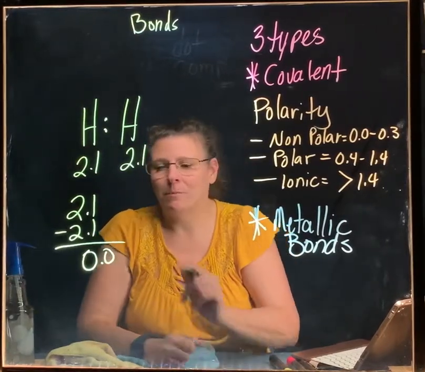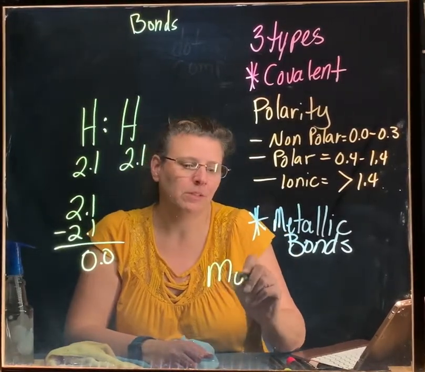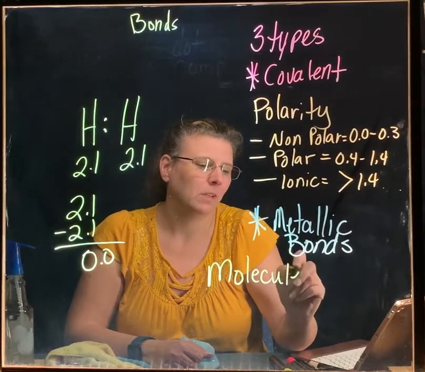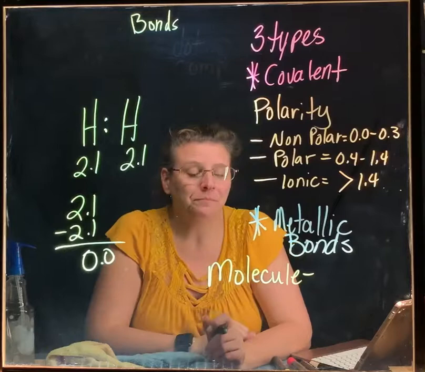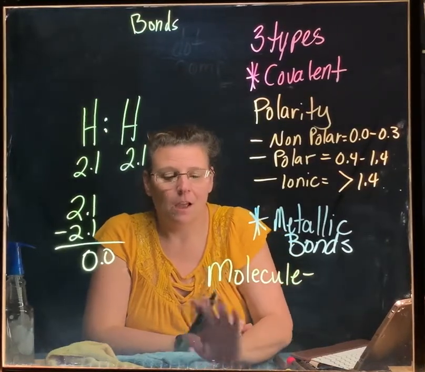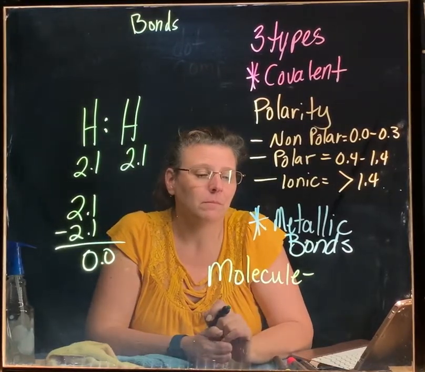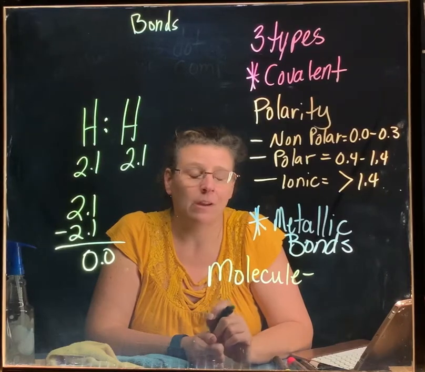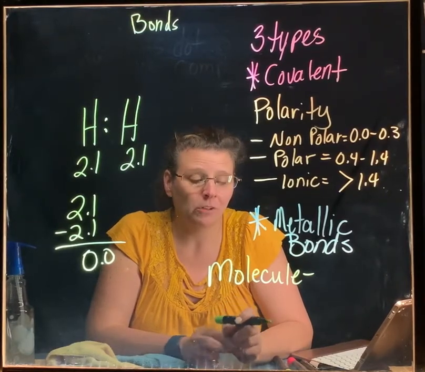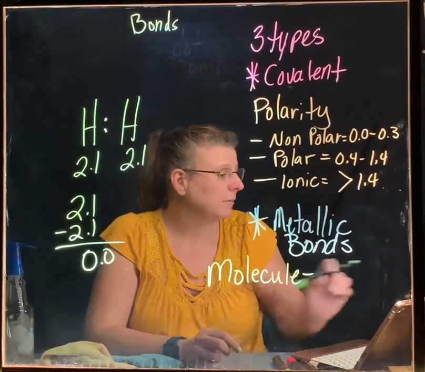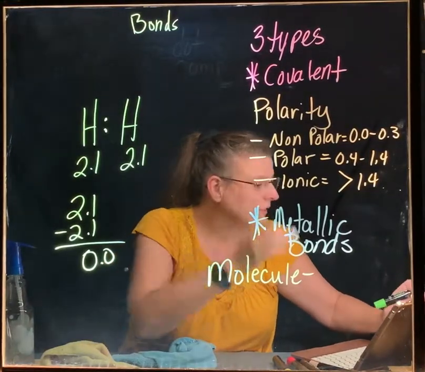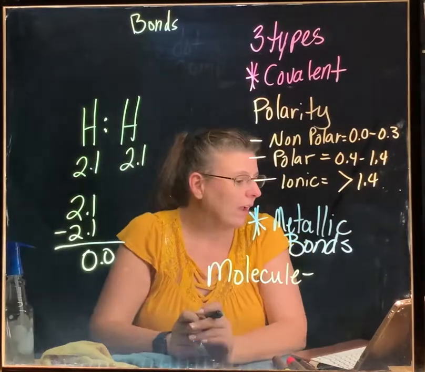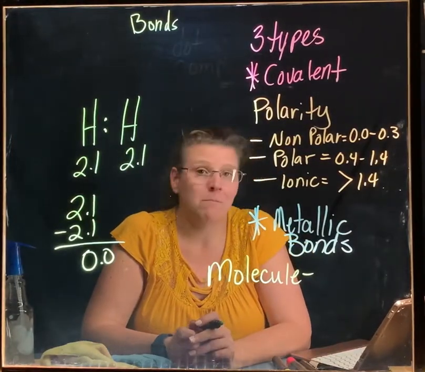Now, I'm going to put a word up here because I keep forgetting to. Molecule. Write this down. A molecule is two atoms. Every combination of atoms is a molecule.